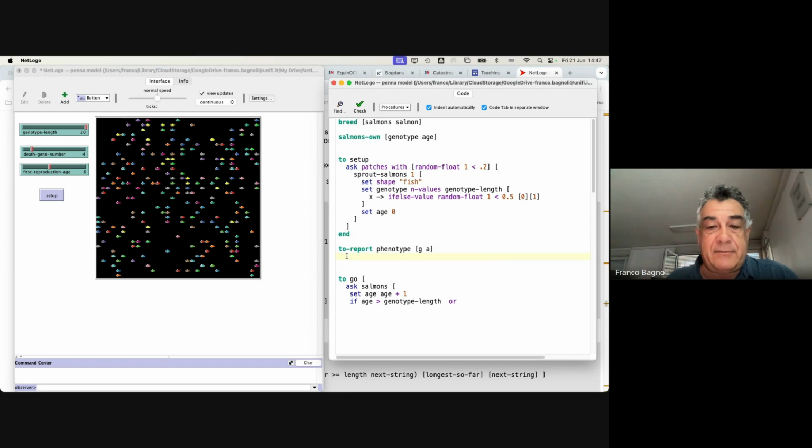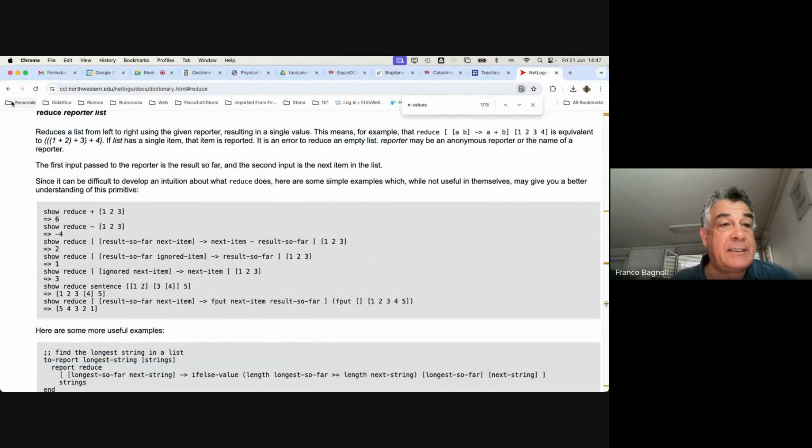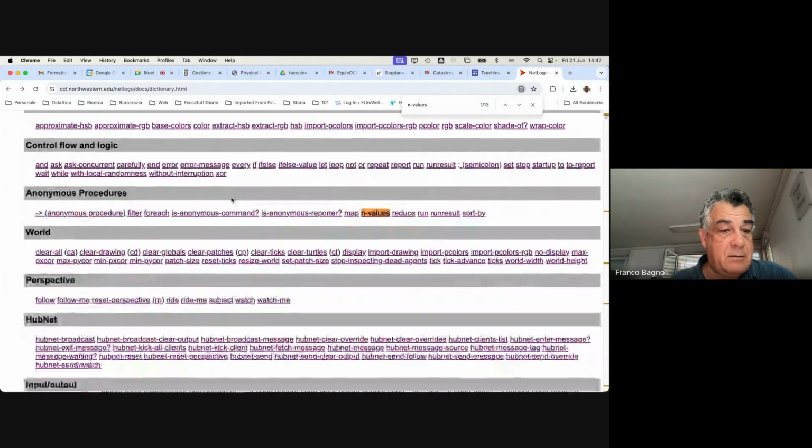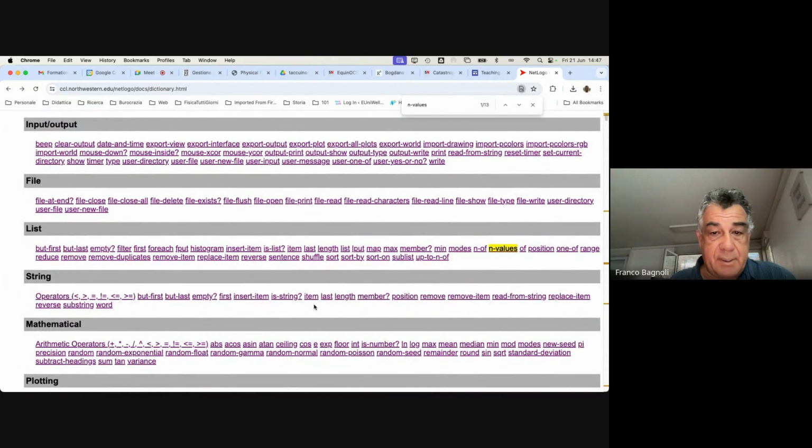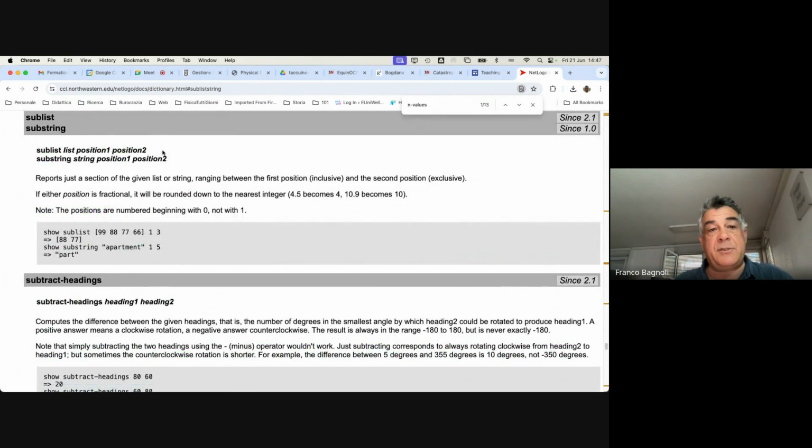Let me do the following. Map can take many lists, but this is a very complex way of doing this. Maybe I can just take the substring. So substring is substring list, position 1, position 2.